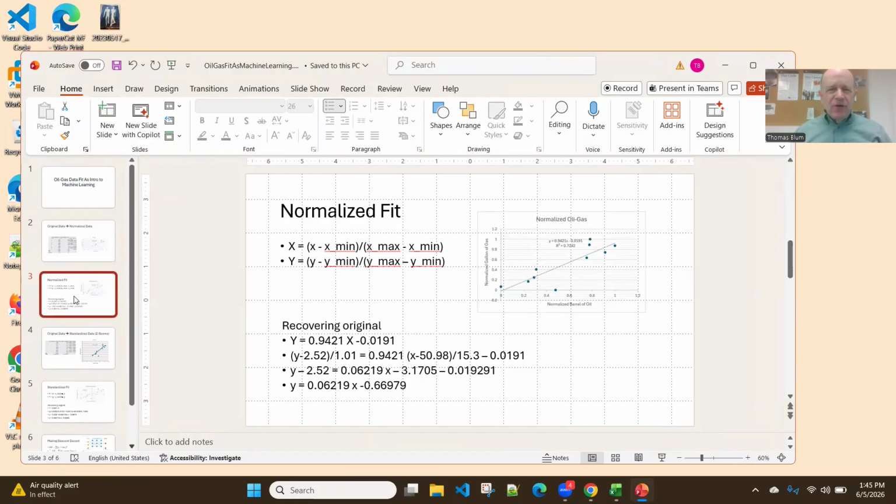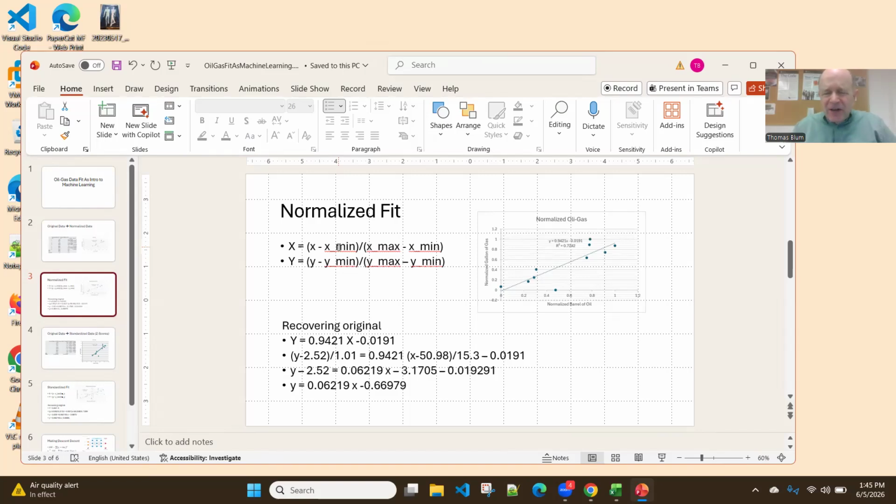There are two standard approaches: normalizing the data or standardizing the data. If you're normalizing the data, then you've determined the minimum and the maximum, and then you scale.